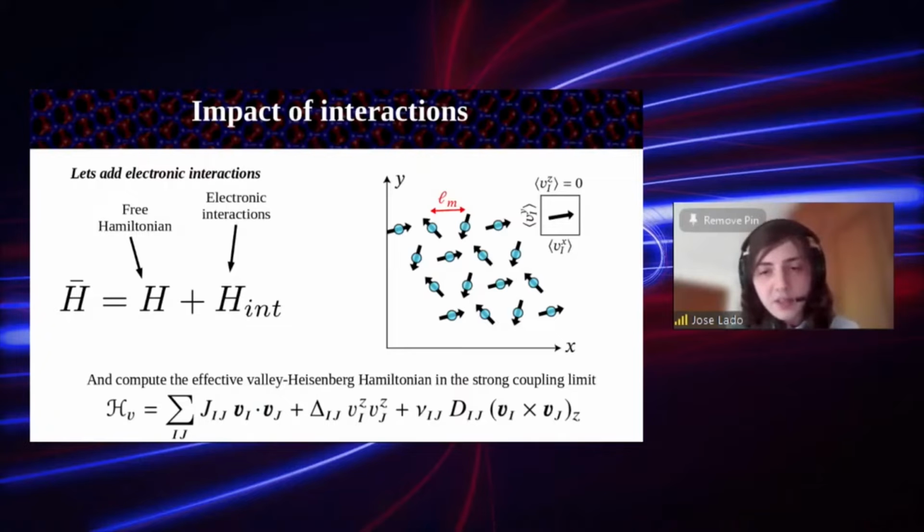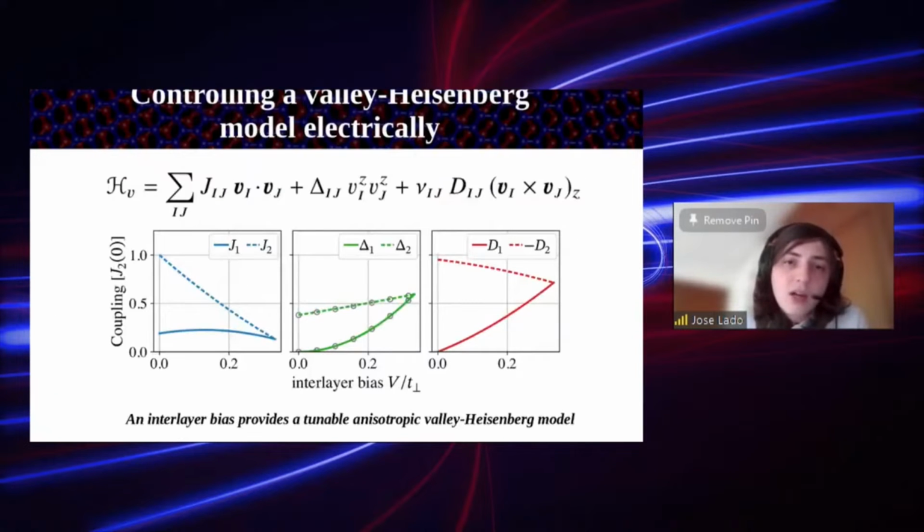What is especially interesting about this system is that once you have this low energy electronic structure, just by applying a small electric bias, you are capable of changing very tiny details of the electronic dispersion. And in particular, with an electric bias, you are capable of controlling every single one of the exchange constants of your single particle model in the triangular lattice.